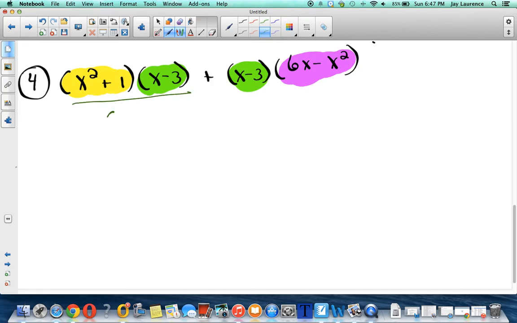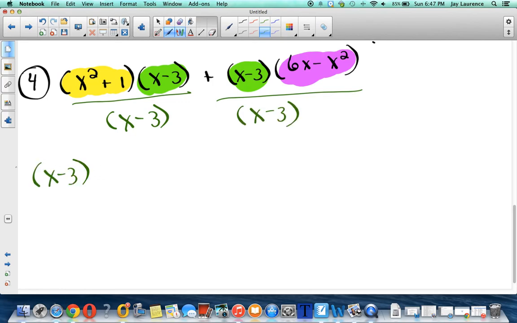So I'm going to divide by a quantity of x minus 3. I'm going to divide by a quantity of x minus 3. That x minus 3 will end up out front. I'll have the quantity of x squared plus 1 plus what's left. It'll be a quantity of 6x minus x squared.